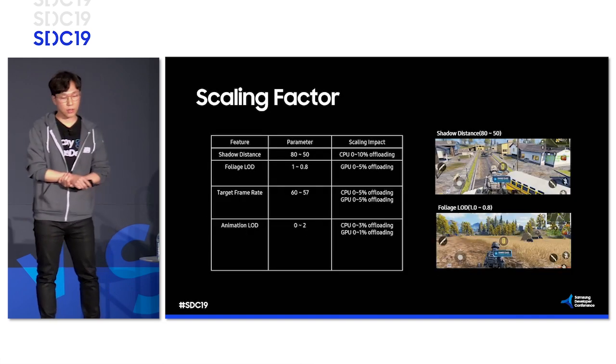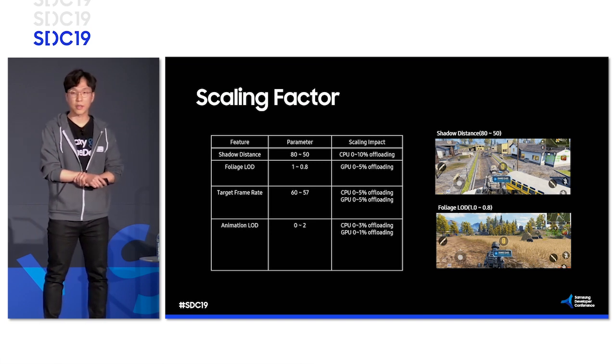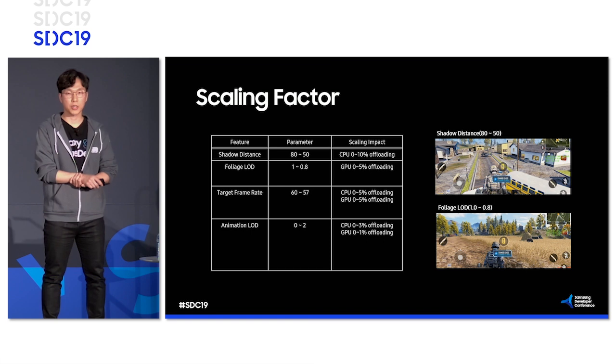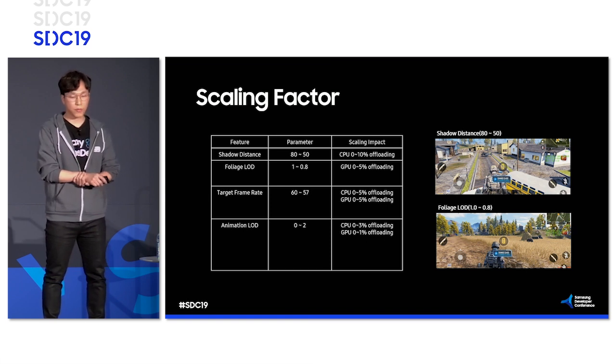Let's look at the quality scaling factor in detail. In a high-fidelity mobile game, thermal throttling occurs even when using adaptive performance power management. Therefore, an additional quality scale factor is required.